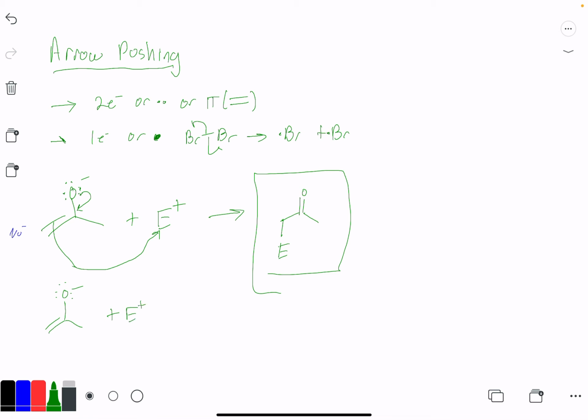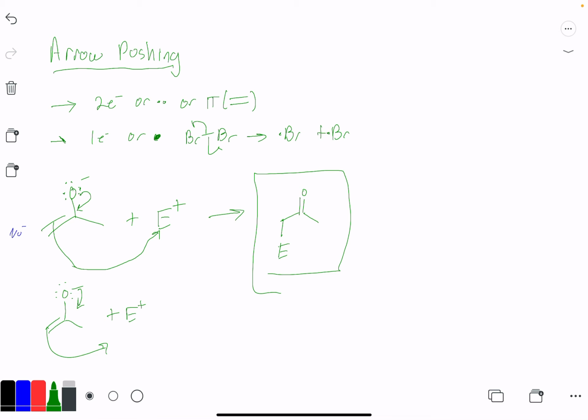You want to be very careful. Professors get very picky when it comes to drawing arrows, especially your organic professors. You don't want to do something like this. That means nothing. That is drawing arrows to space. As organic chemists, they're very particular on how they want you to draw your arrows because, again, it means something.